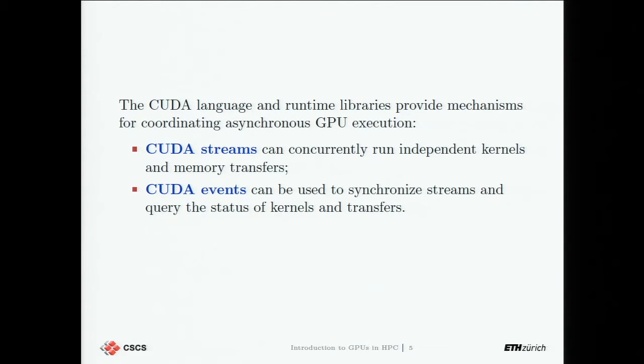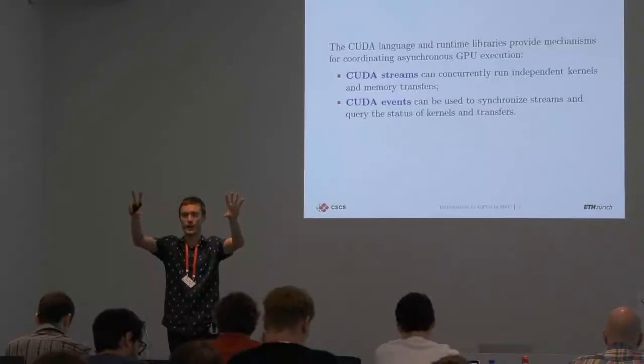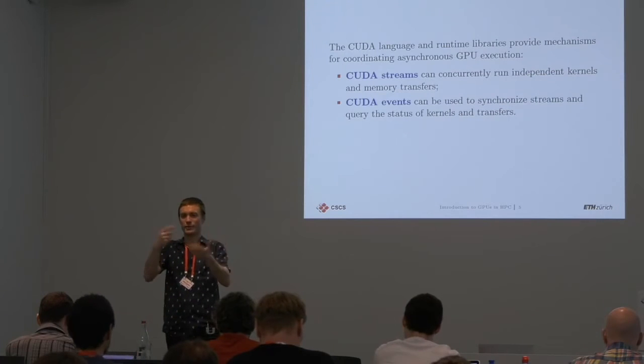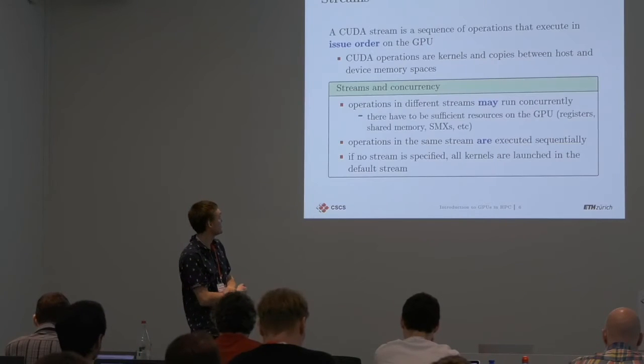And a CUDA event is something that we use to synchronize between streams, because once you start saying run these bits of work simultaneously in different streams, you then might have dependencies where, okay, I need to wait for this one and this one to finish before I can do the next step. So you need some way to start synchronizing between streams.